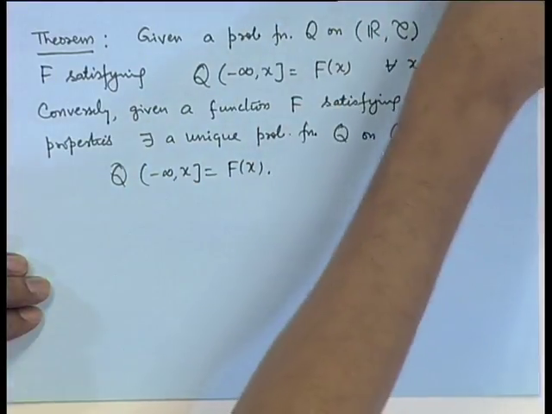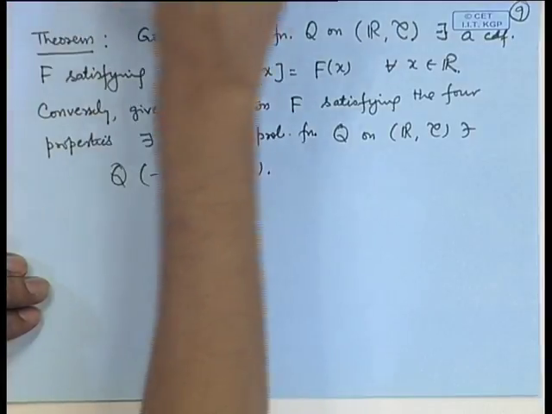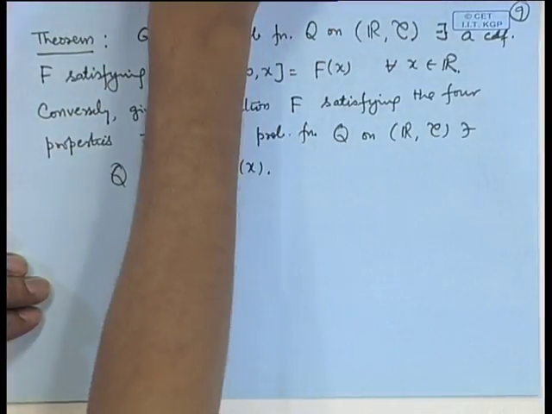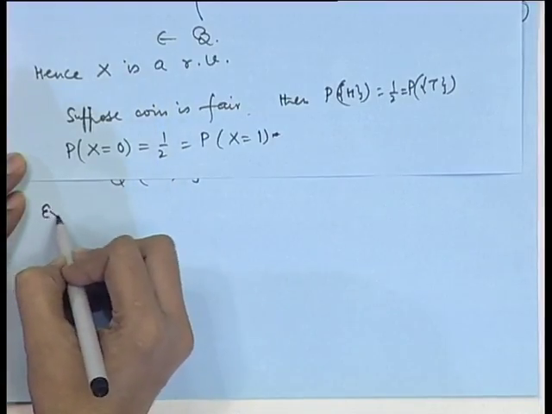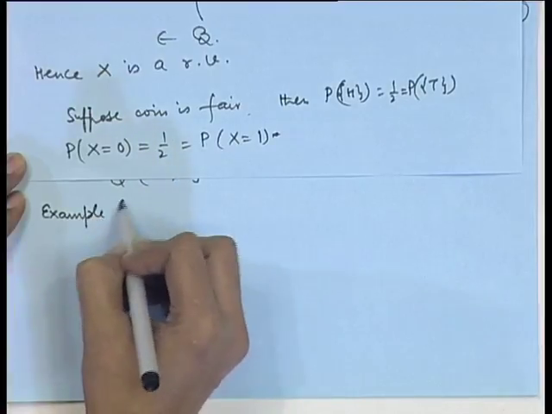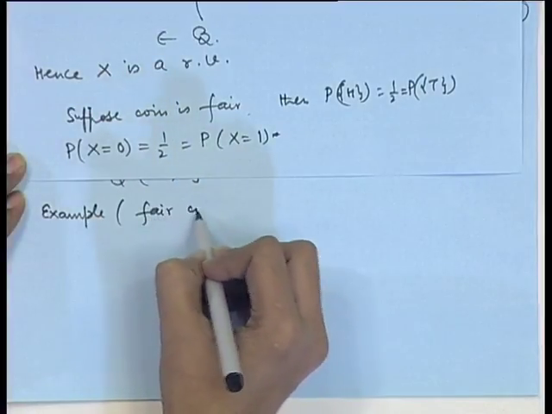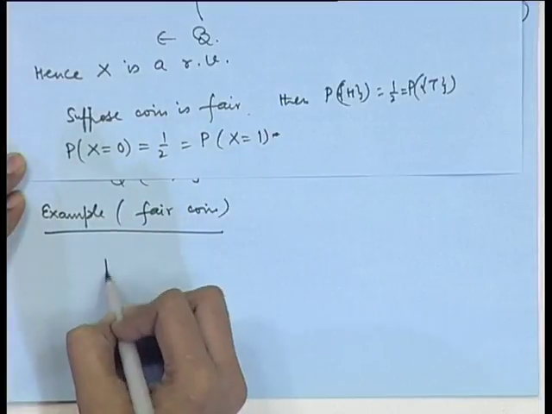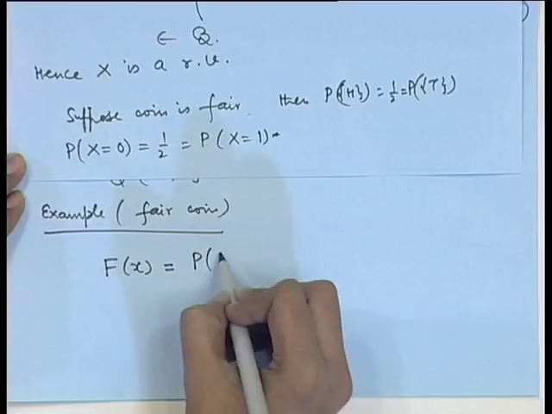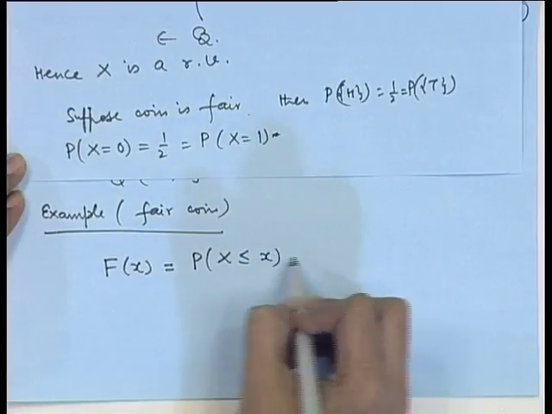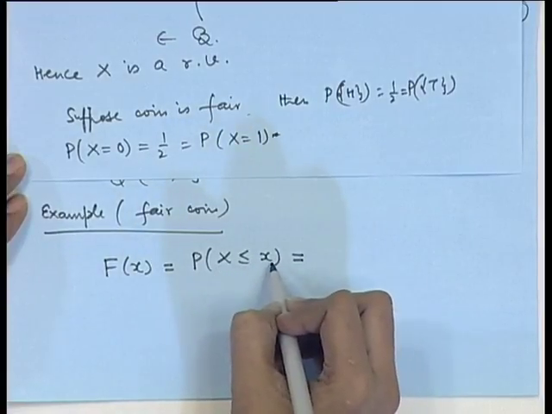Go back to the example of head and tail, and consider the fair coin example. Here, F(x) is the probability of X less than or equal to x.